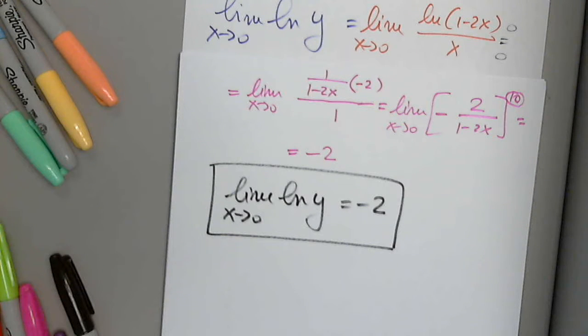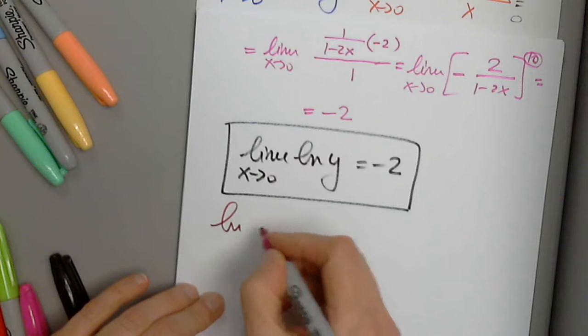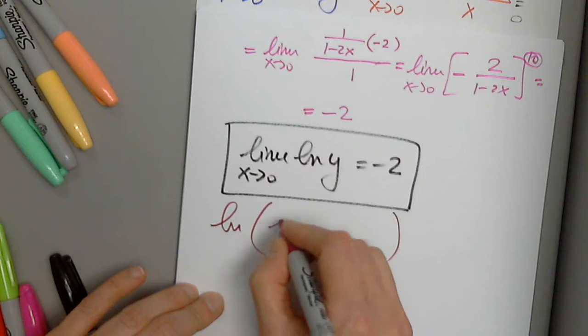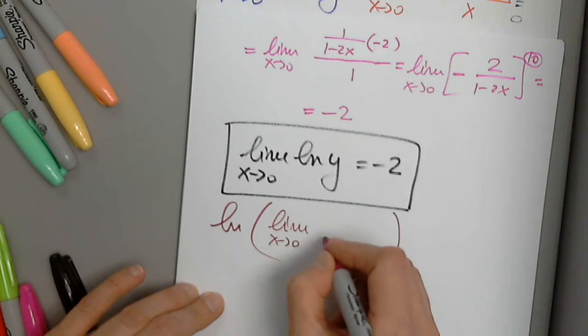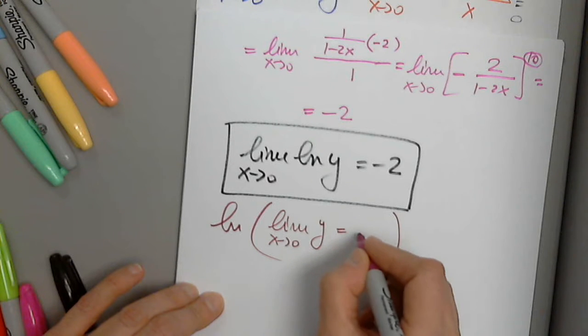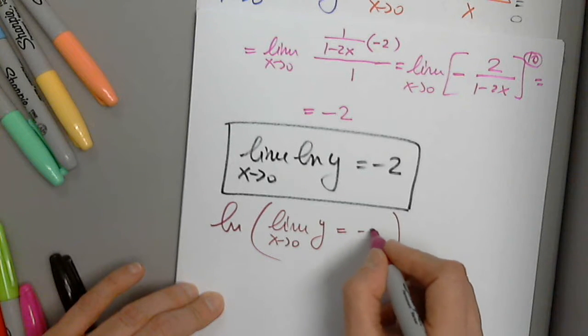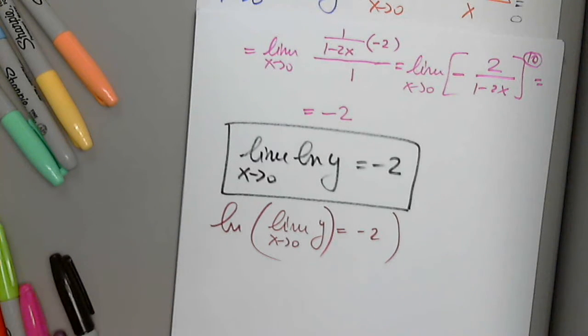What is that something? Switch those operators, swap them? Yes. I'm going to put the natural log in front of the limit of y. Excellent. Thank you for remembering that. Limit as x approaches 0 of y equals negative 2. I didn't need parentheses over there, sorry.